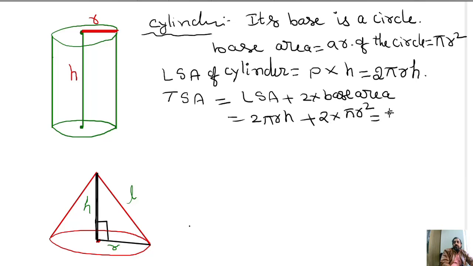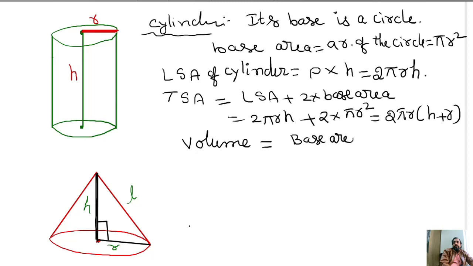Taking 2 pi r common, it is 2 pi r into (h plus r). This is TSA. Then coming to volume, the volume of cylinder is base area into height, that is pi r square h.